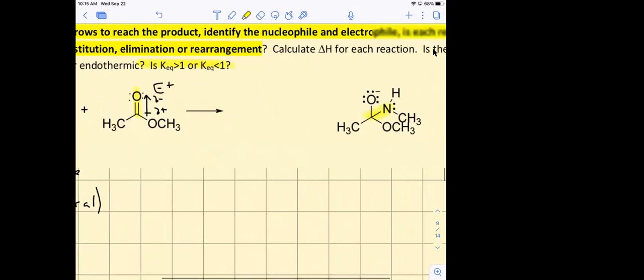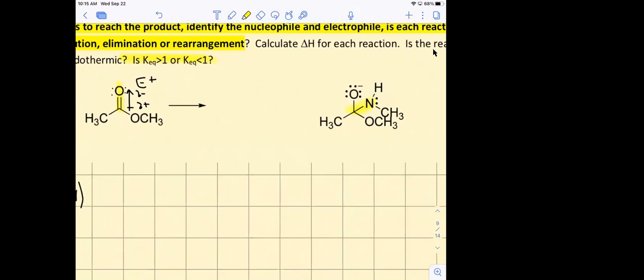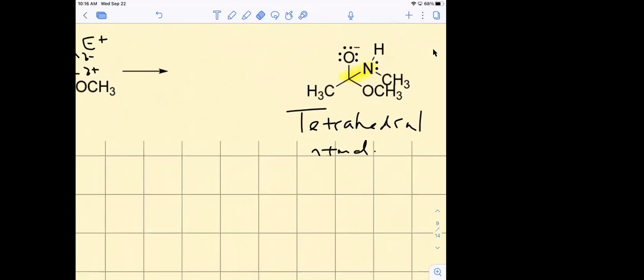What would that be an example of in the product? Is it elimination? No. I mean the actual species itself. Is that not a tetrahedral intermediate? It's not going to stay that way, and eventually it will eliminate, but that'll be another step.